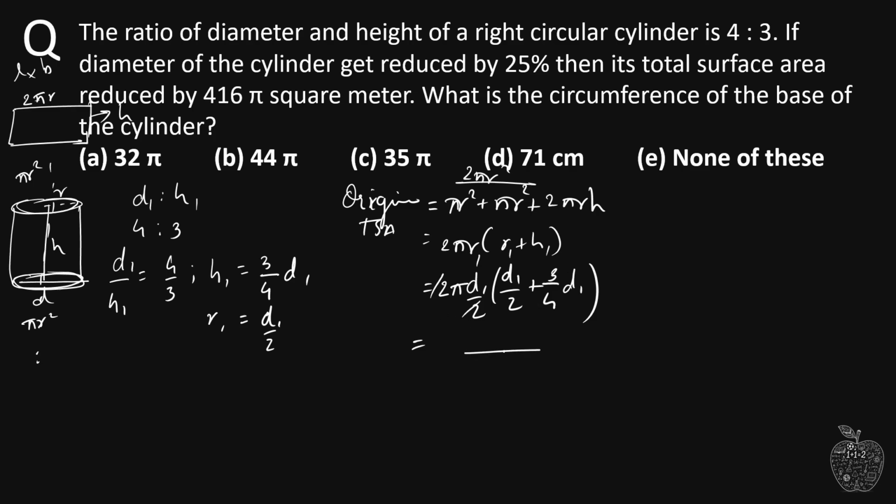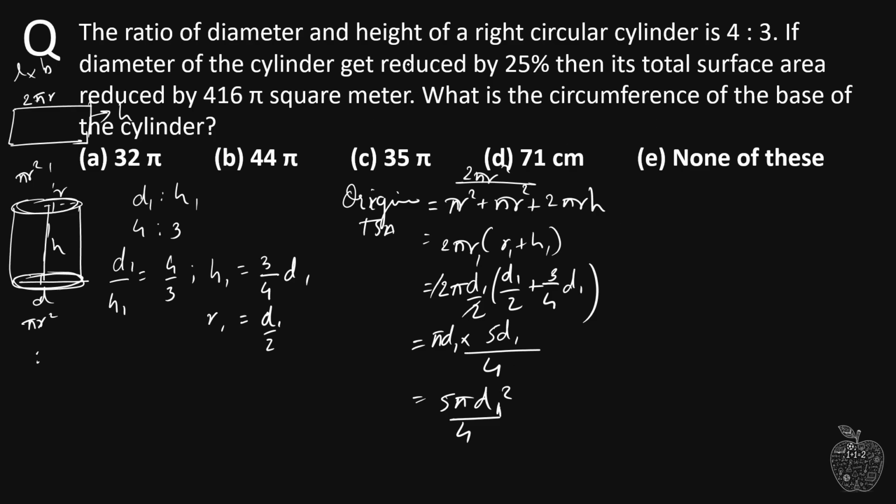LCM here will be 4, and pi d1 into 2 d1 plus 3 d1, or I can say this is 5 d1, and this equals 5 pi d1 square by 4. So we have got the original total surface area, which is 5 pi d1 square by 4.